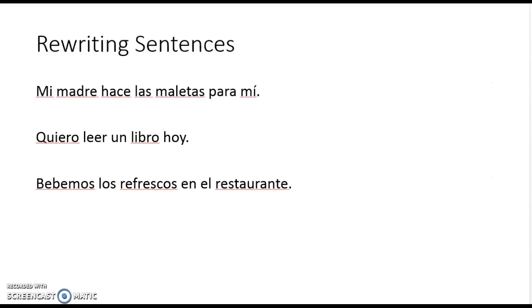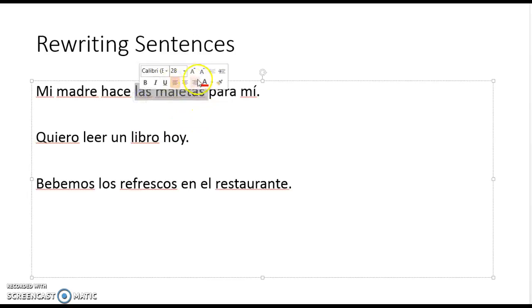One of the tasks that you're going to have to do in class is rewrite sentences, substituting the direct object with the direct object pronoun. So in the sentence, mi madre hace las maletas para mí. Mi madre is a subject. Hace is the verb. What does my mom pack? So we have las maletas as the direct object.